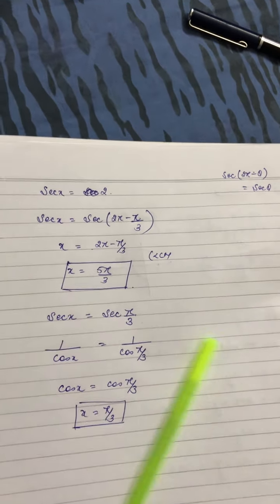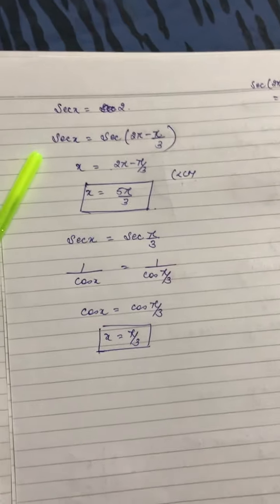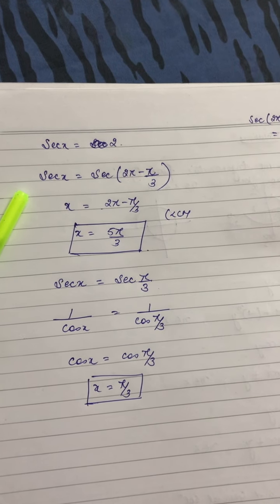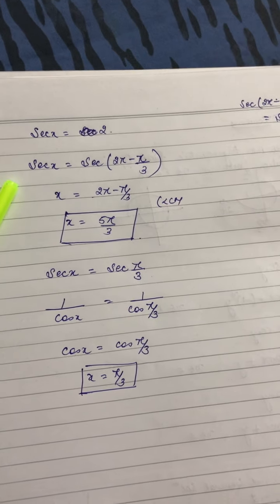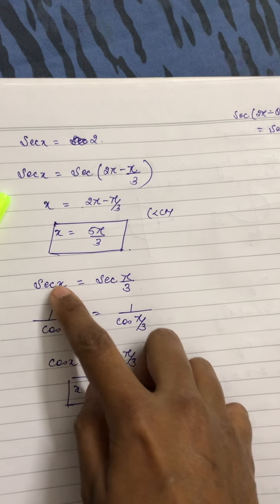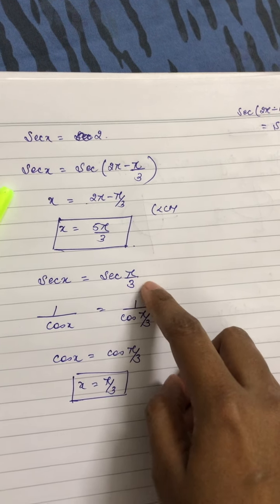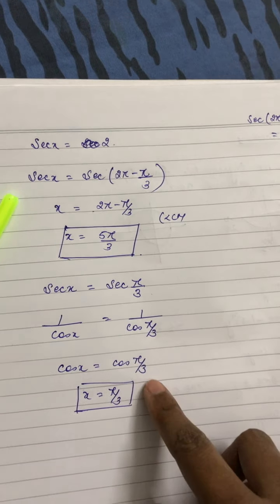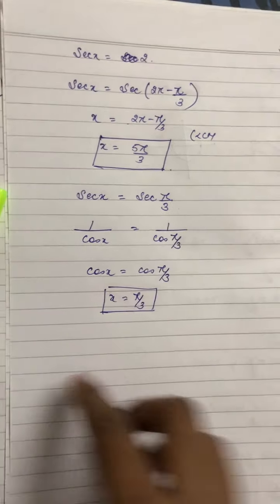So you don't have to change in the beginning. There are two ways in which you can go. In the starting only, you change sec to cos and find two principal solutions. Or when you reach the end, you say sec is 1 by cos. Sec of pi by 3 will also be 1 upon cos pi by 3, so cos x is equal to cos pi by 3, x is equal to pi by 3.